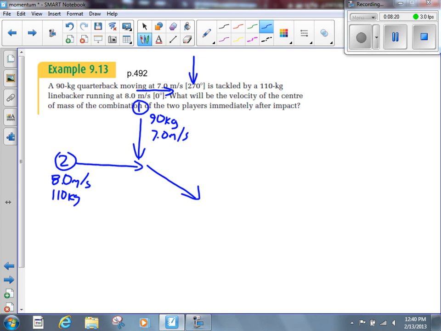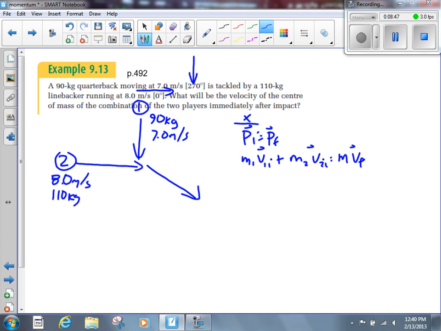Let's break it up into x's and y's here now. We're going to say pi is equal to pf. We're going to say m1 v1i plus m2 v2i equals m vf. M1 is 90 kilograms. What's v1i for the x component?